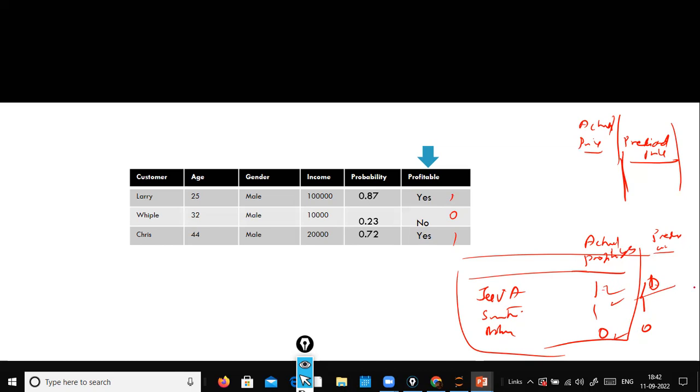So MLE is basically this function. It estimates the values for the slope and intercept such that they are most likely to produce the observed data. This is your observed data, the actual. The MLE function will try to match your actual values somehow.